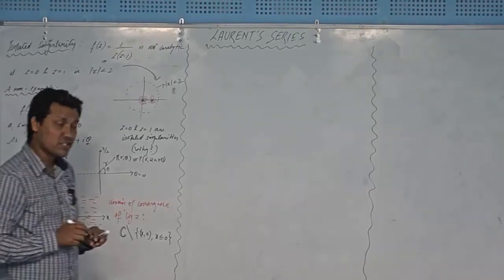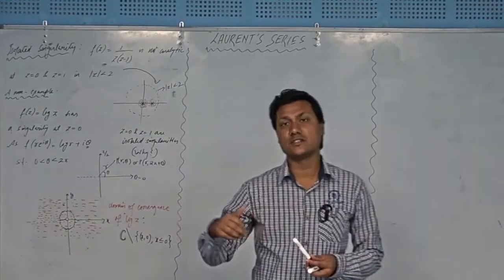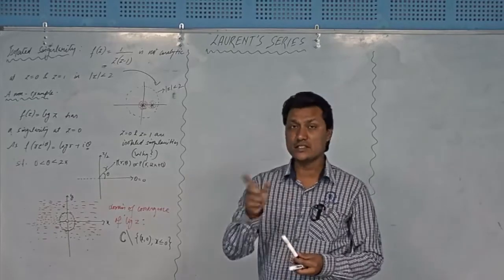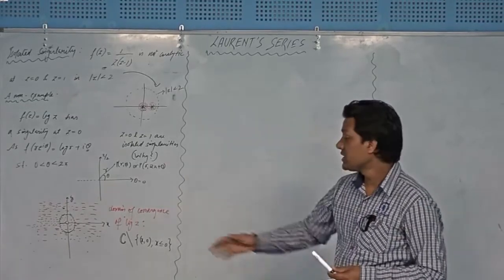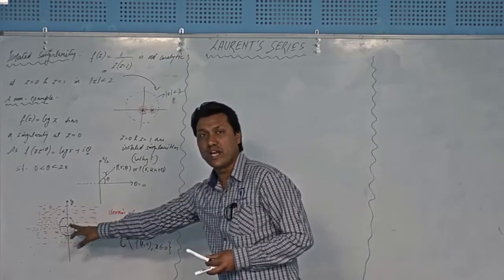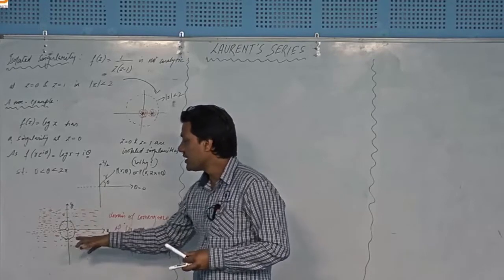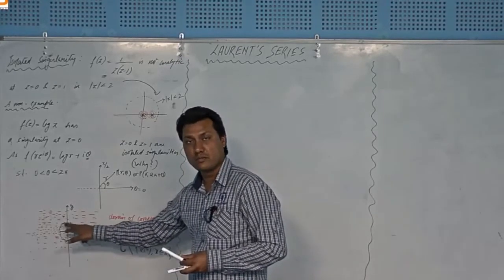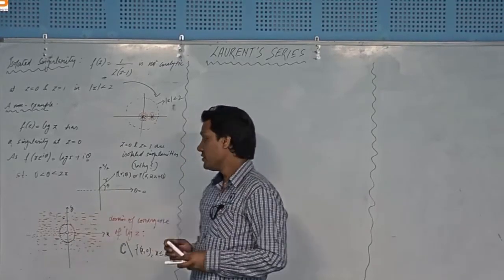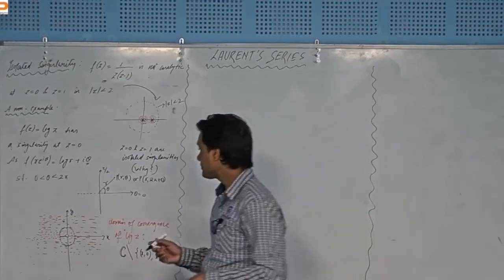No matter what is the size of your disk, how small you draw that disk, there will be at least one or more singularities other than z equal to 0 inside your disk. You can see that from the picture, right? You cannot say that z equal to 0 is the only singularity lying inside this disk. There will always be other singularities other than the center of the disk which will belong to this disk, and hence we will say that z equal to 0 is a non-isolated singularity, right?